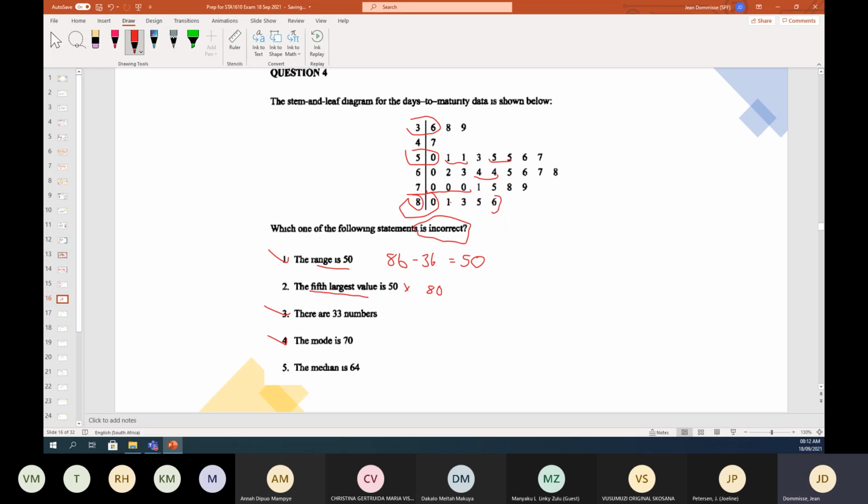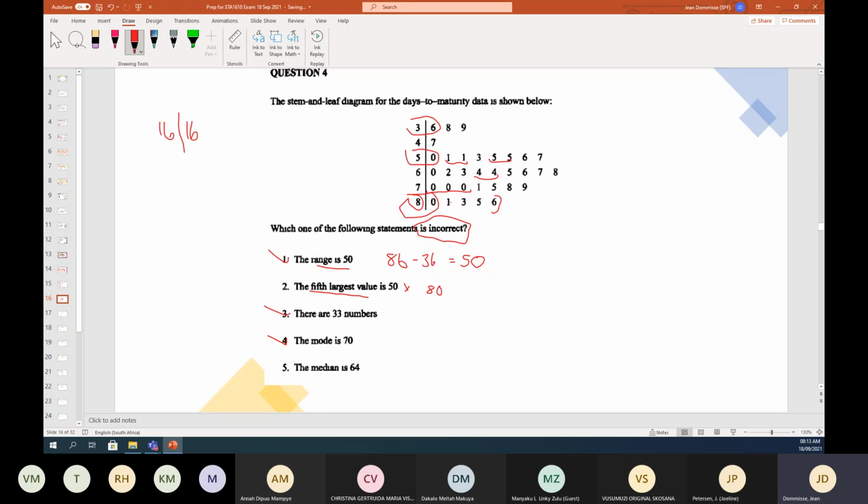Okay, so then the median is 64. So if we look again at the median, remember median is the one that is in the middle. So if there are 33 numbers, what is 33 divided by 2, what is it, 16. 16, then there will be one in the middle, and 16 again.